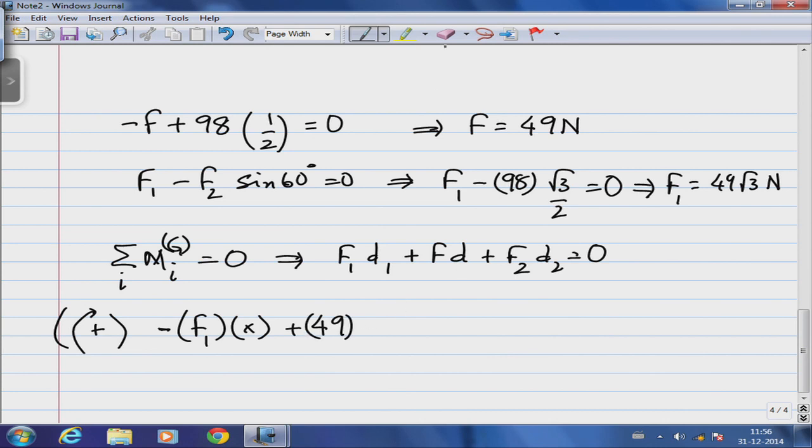Now, this d is essentially the perpendicular distance of the line of action from G.